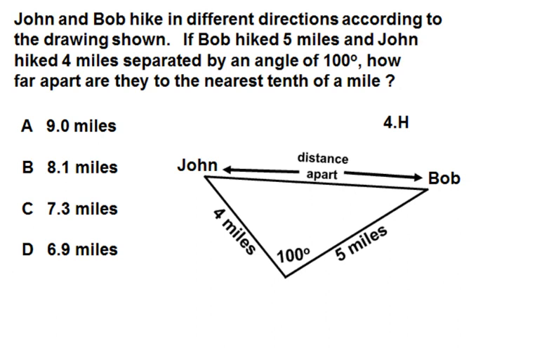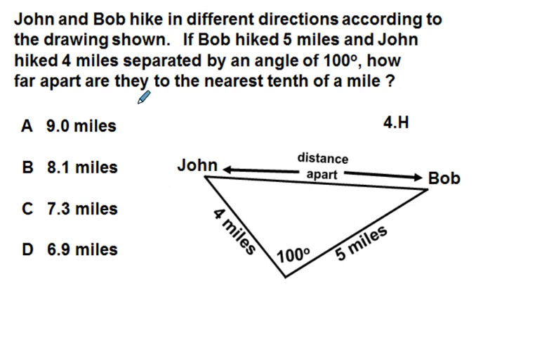Next. John and Bob hike in different directions according to the drawing shown. If Bob hiked 5 miles and John hiked 4 miles separated by an angle of 100 degrees, how far apart are they to the nearest tenth of a mile? We have an unknown side opposite a known angle, and our other two legs of this angle are known.